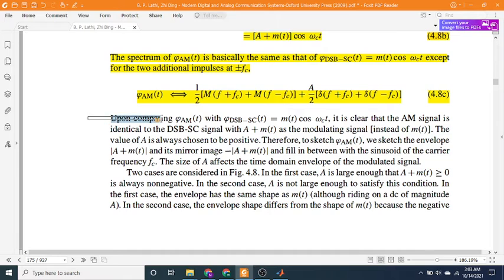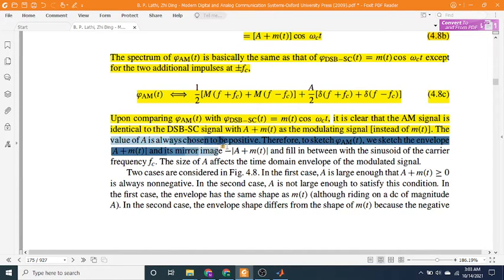Upon comparing φAM(t) with φDSB-SC(t) = m(t) cos ωct, it is clear that the AM signal is identical to the DSB-SC signal with A + m(t) as the modulating signal instead of m(t). The value of A is always chosen to be positive.